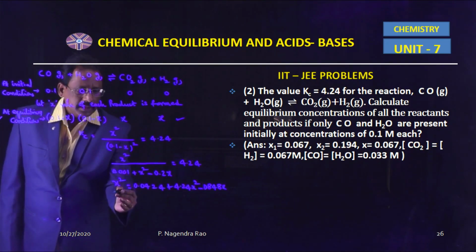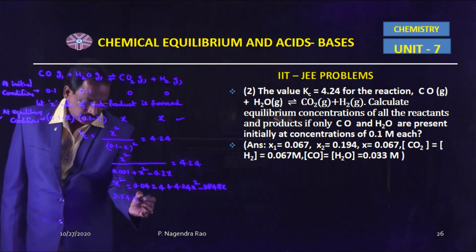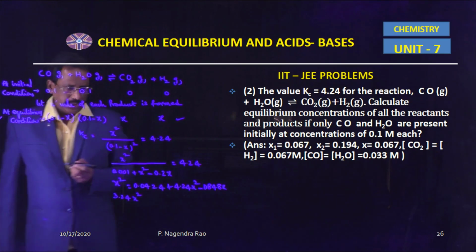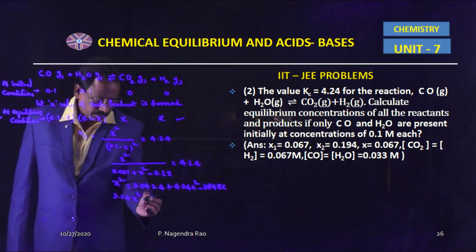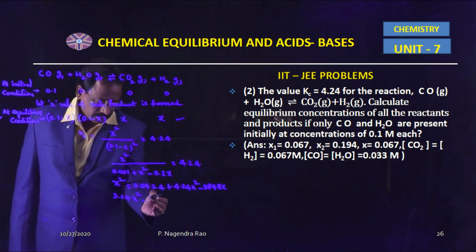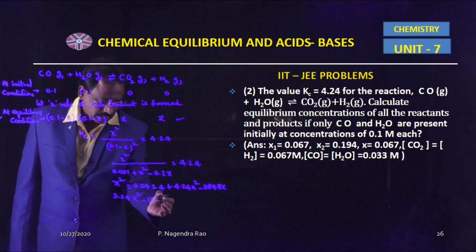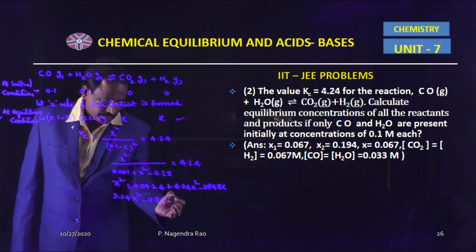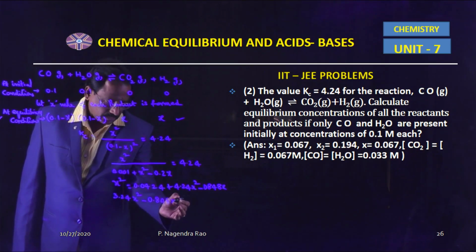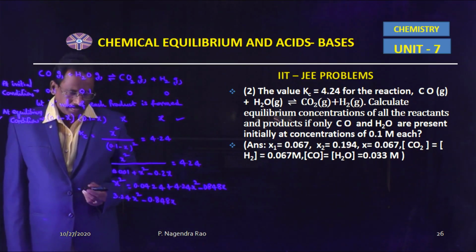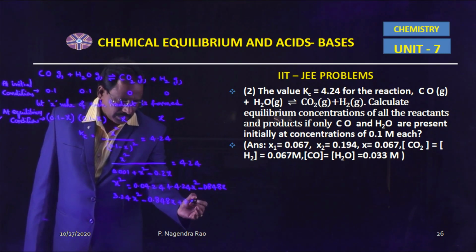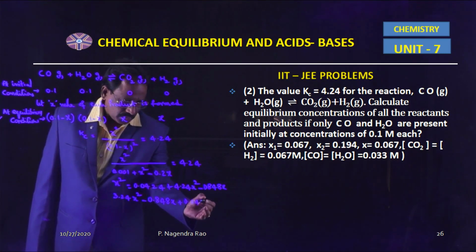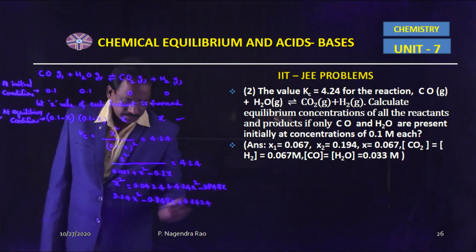That means 3.24 into x square minus 0.848 into x plus 0.0424.